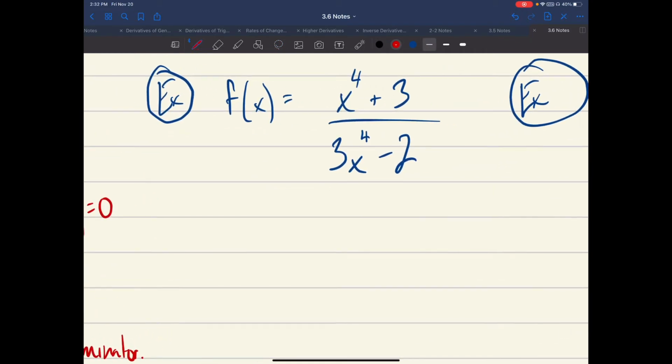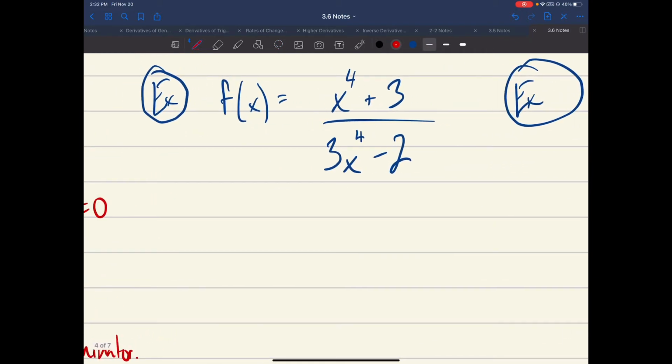In the next example, we have x to the 4th plus 3 divided by 3x to the 4th minus 2. So the degree of the numerator and the denominator are the same. So when those are the same, we take the ratio of the coefficients of those terms. So that's 1x to the 4th and 3x to the 4th. So the horizontal asymptote is at 1/3. So you just divide the coefficients of the leading terms.